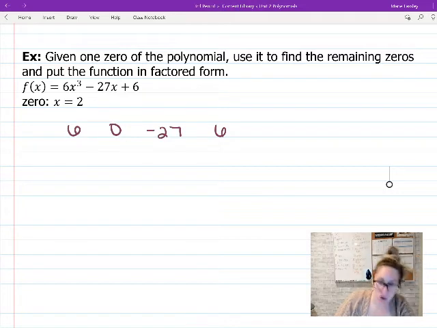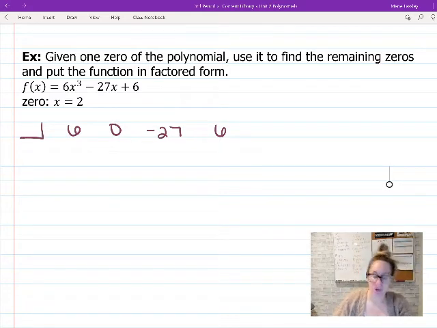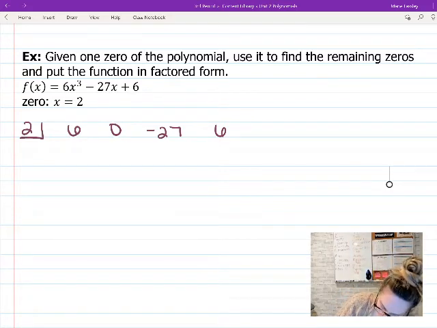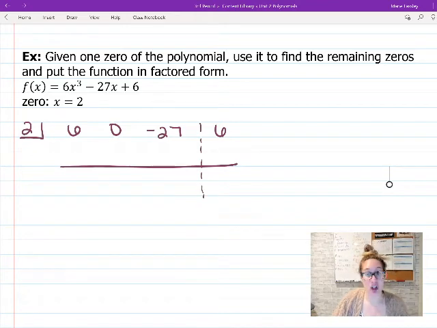In my corner box, because it gave me the zero value, not the factor value, I can just put the 2 right into the box, because I'm always going to put my zero in that corner box. It's not a fraction, so nothing strange should happen here. This is my remainder column. It should be 0.